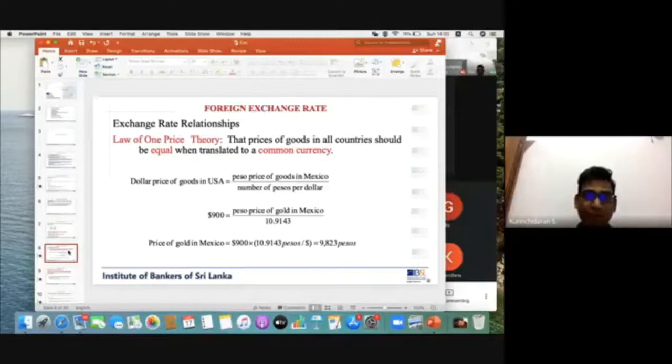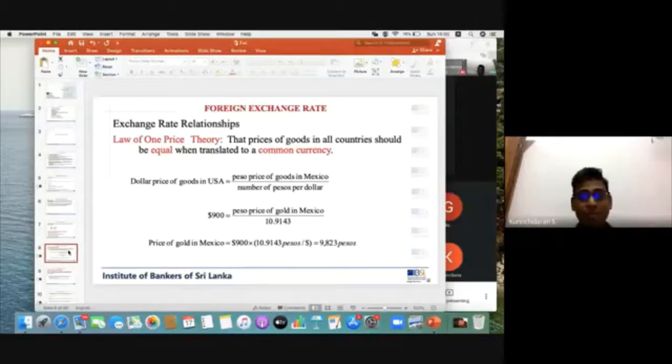We are talking about gold price. Gold is sold at 900 USD in the US. The exchange rate for USD to peso is 10.9143. So if you multiply this exchange rate with this USA price, you will get 9,823 pesos.